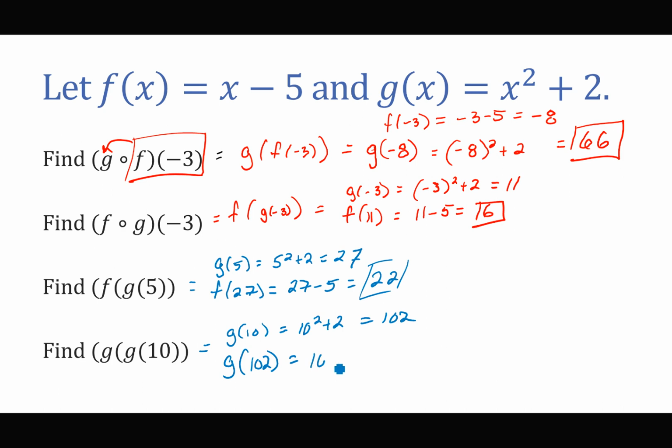So this would be 102 squared plus 2. So 10,406 would be this final answer.